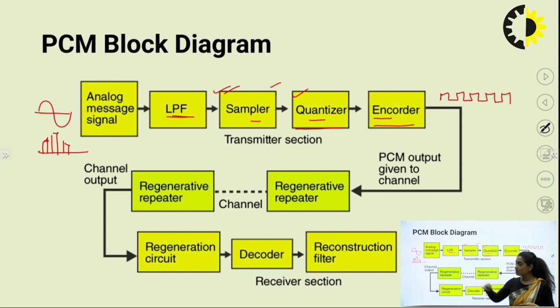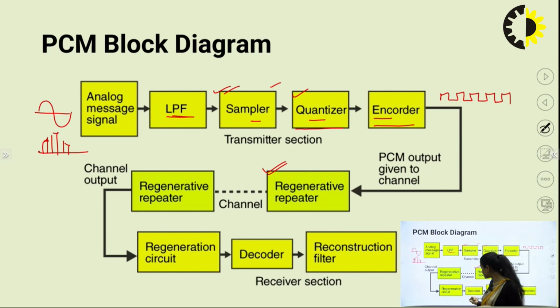In the channel, I'll use a couple of regenerative repeaters that will help me amplify the signal if it has lost some of its energy, and it will act for denoising as well, right? So the basic job of a regenerative repeater is to amplify the signal which has lost some of its power and energy while traveling.